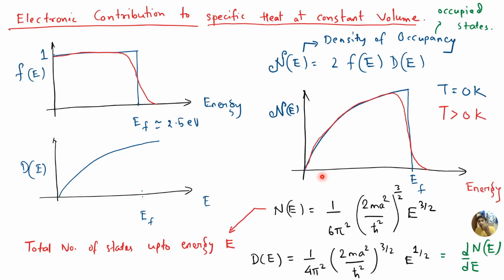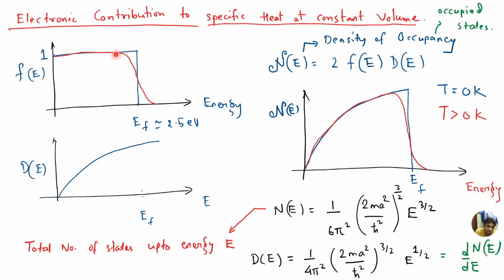And remember that this thermal energy is of the order of some milli electron volts. For example, at room temperature it is of the order of 26 meV, and EF is of the order of 2 electron volts.